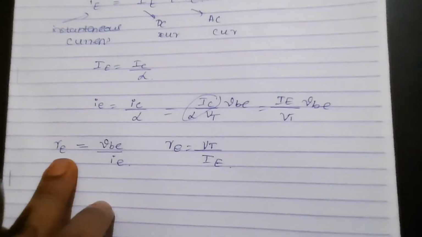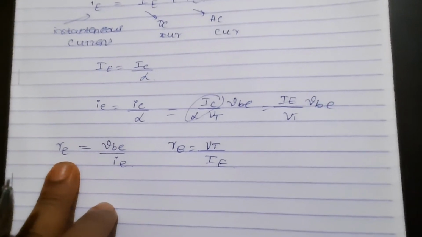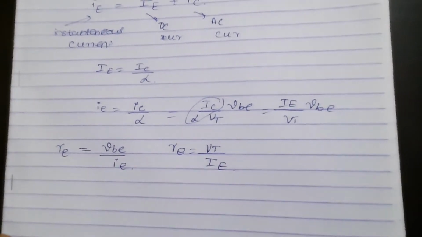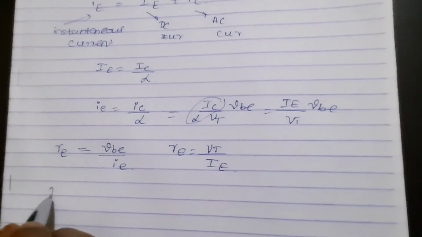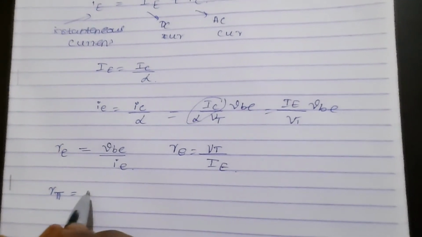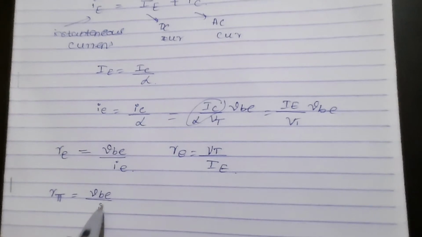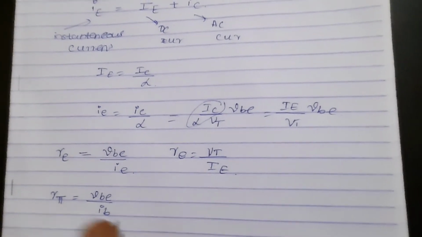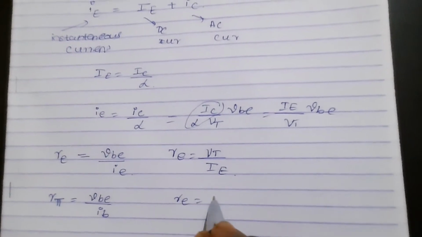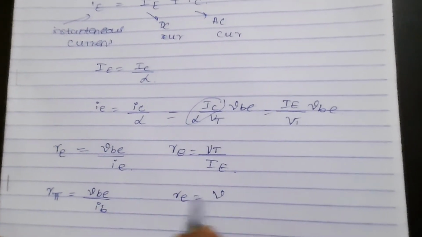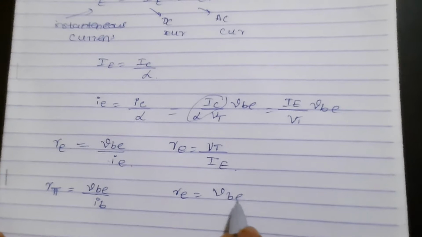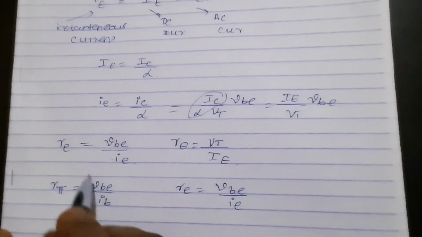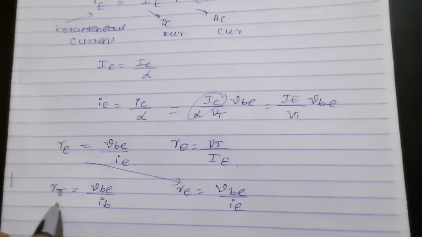This is the formula for the resistance between the emitter and the base. And the resistance at the base is given by r pi, which equals vBE by ib. This is the standard formula for the resistance at the base. Now similarly, the resistance at the emitter is given by the formula vBE by ie. This is the resistance at the emitter, this is the resistance at the base.